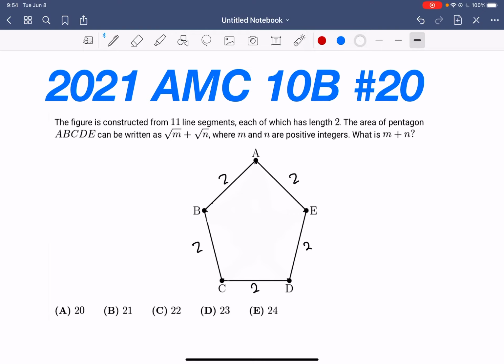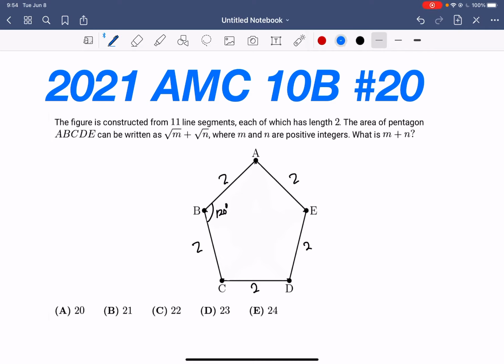So here's what we have over here, and clearly this is not a regular pentagon, so we cannot use any of the regular pentagon formulas. We know that this is 120 degrees, and we want to calculate the area.